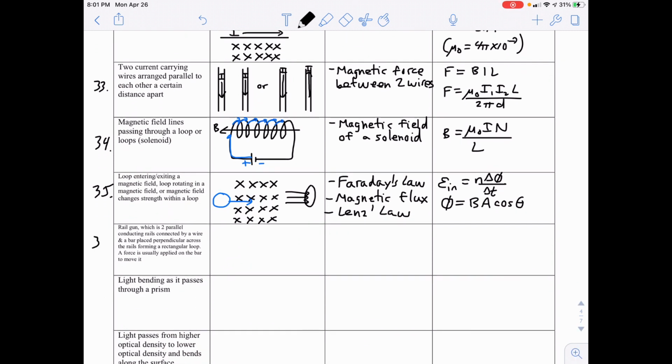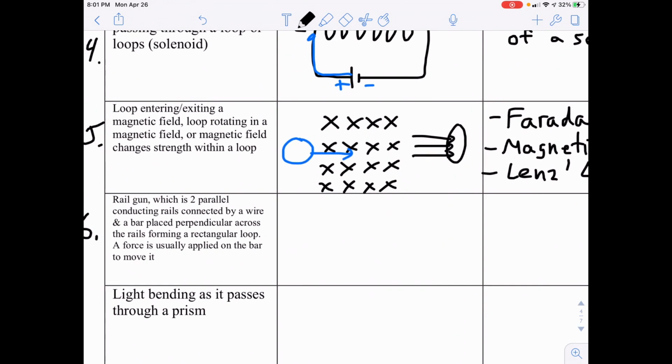Now in number 36, we have a rail gun situation. Now in a rail gun, you've got two rails, and it can either be a resistor over on the left side or just a completed part of the loop.